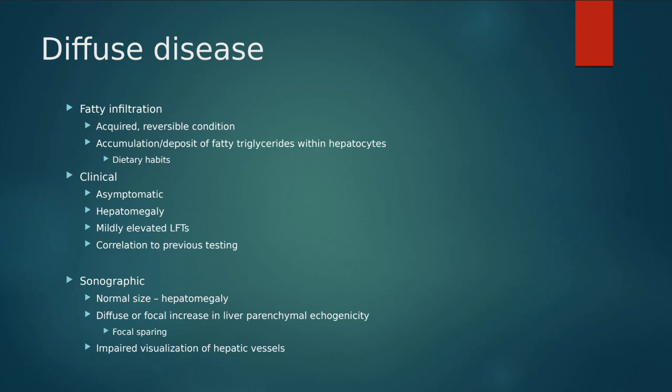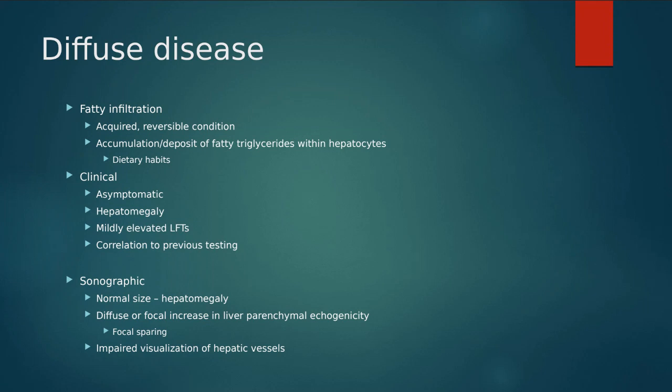Clinically, if the patient is still in that fatty infiltration stage of this diffuse disease, they're typically going to be asymptomatic, but we're going to pick up on it on that LFT blood work. We also can see a patient who has typically mild hepatomegaly, where their liver is a little bit larger than it should be. And we do want to correlate this to any previous testing that they've had done.